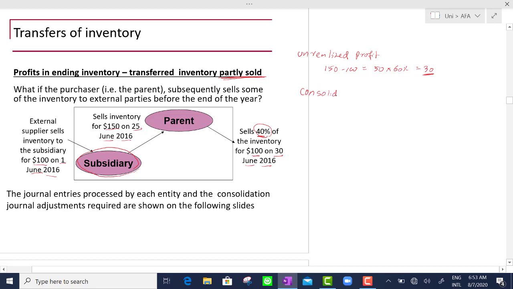Consolidation adjustment in 2016, meaning 30th June of 2016. Now it is clear that our inventory includes 30 unrealized profit.